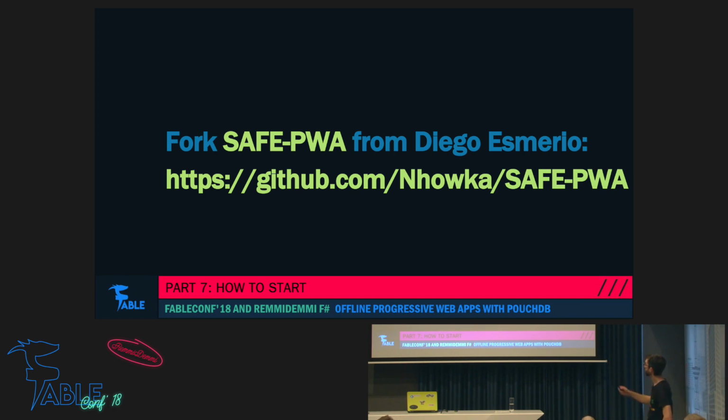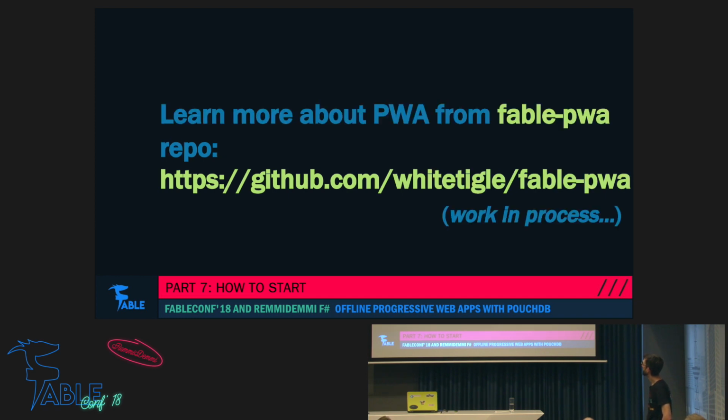So this is a repository. And then I started a repository myself some months ago, which is called Fable PWA, because I'm using Fable and it's all about PWA, okay?